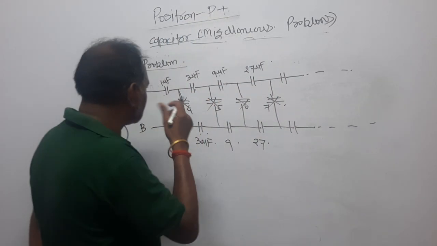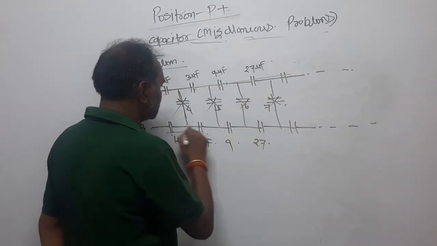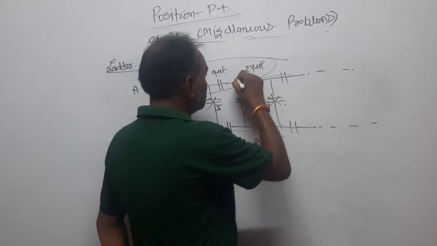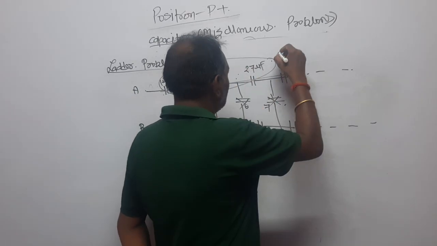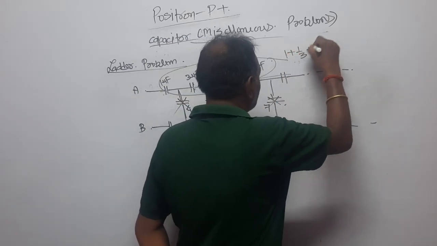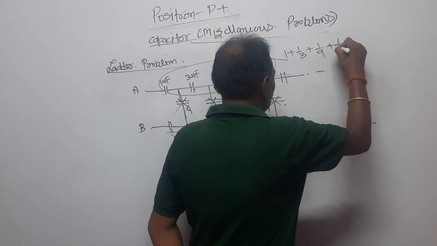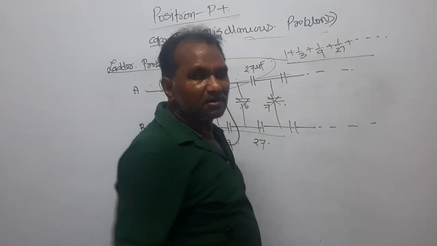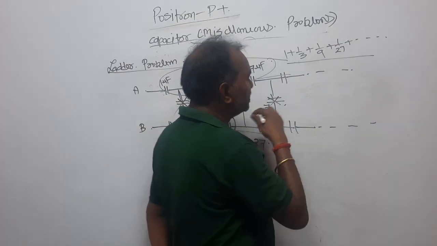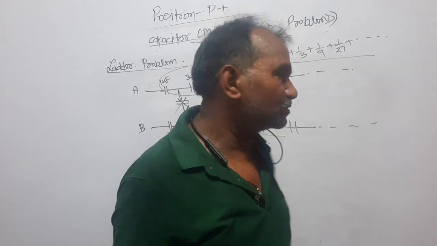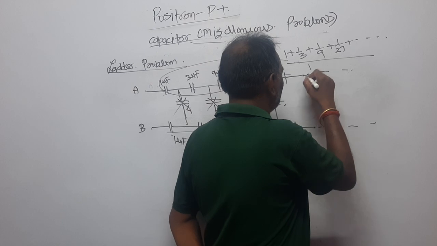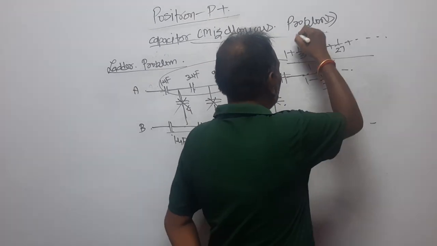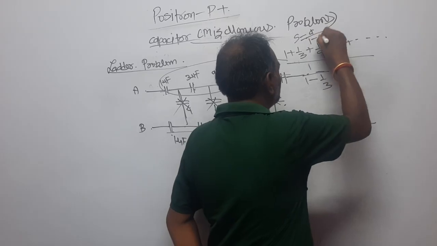So what happens? These are in series, and the equivalent of this one will be, look here, they are in series, so it is 1 plus 1 by 3 plus 1 by 9 plus 1 by 27 plus so on. The summation of this would be, again it is a GP, with common ratio 1 by 3. So S is equal to A upon 1 minus R, you know the formula.